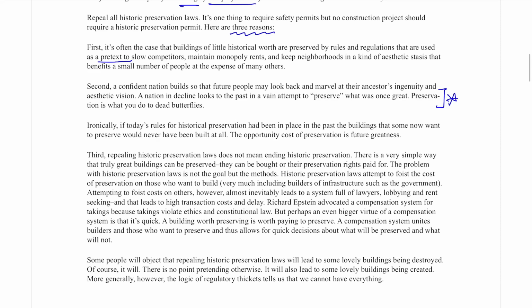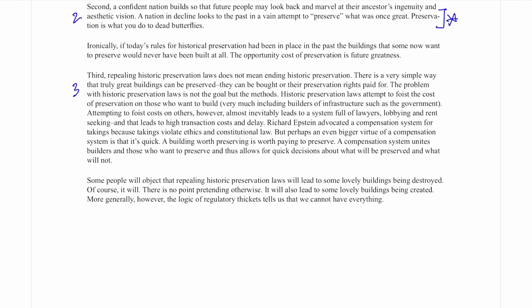Okay, and this is definitely their most well-developed. So I have 1, 2, and 3. They're addressing a counter-argument in the final paragraph. So I'm going to mark down that this has a strong bias against preservation.